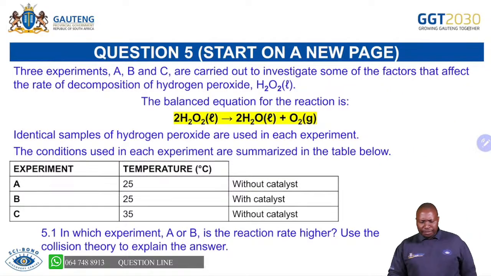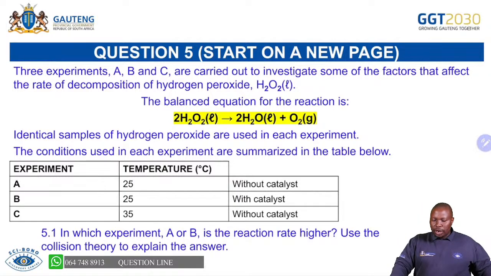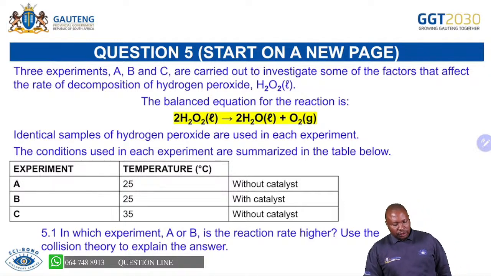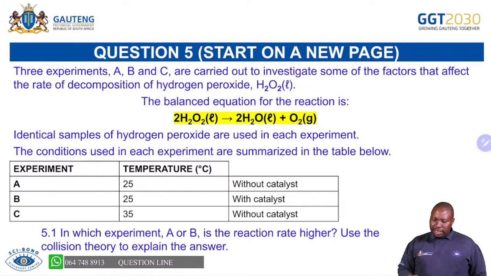Let's look at the question. Three experiments A, B, C are carried out to investigate some of the factors that affect the rate of decomposition of hydrogen peroxide. The balanced equation for the reaction is given as H2O2 to water and O2. Identical samples of hydrogen peroxide are used in each experiment. Now, if we look at experiment A, what do we have?